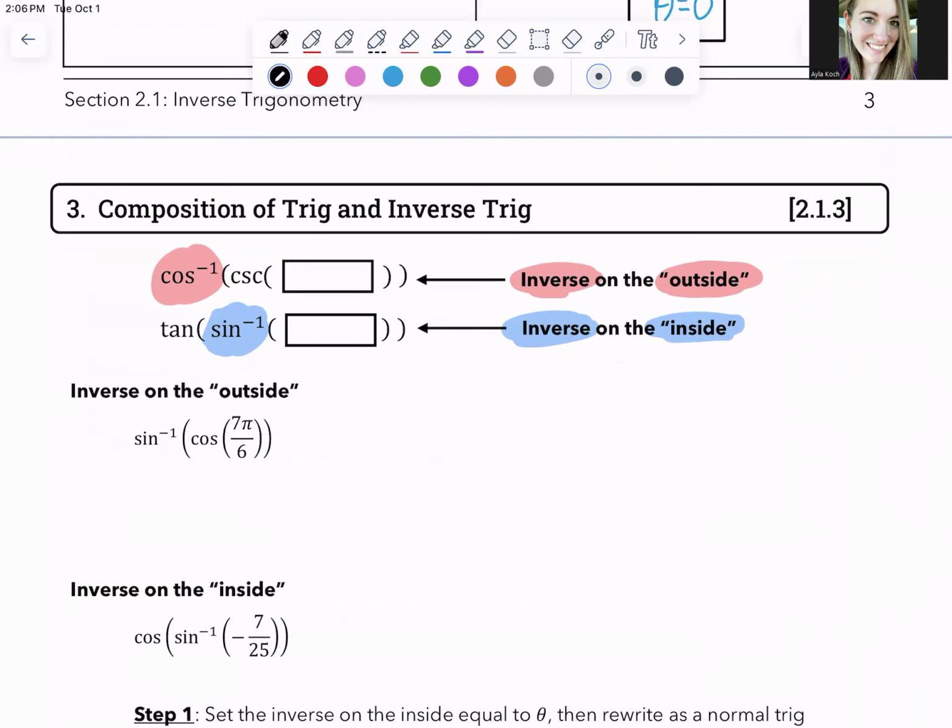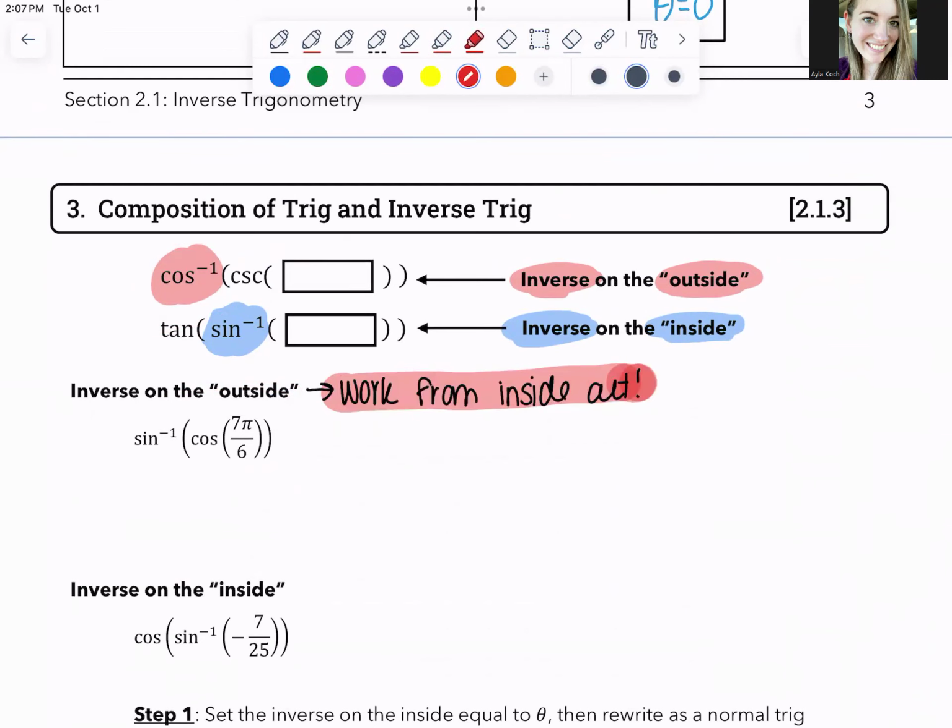If you have the inverse on the outside, like sine inverse of cosine of 7 pi over 6, the whole idea is to work from the inside out. Work from the inside out.